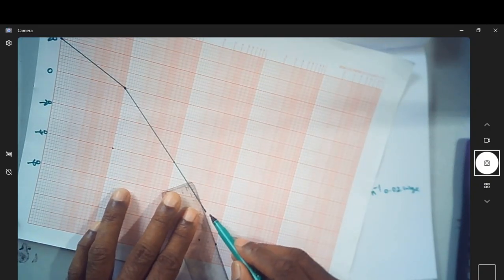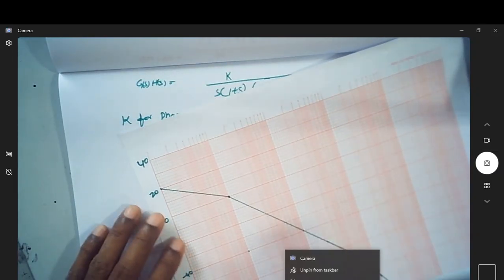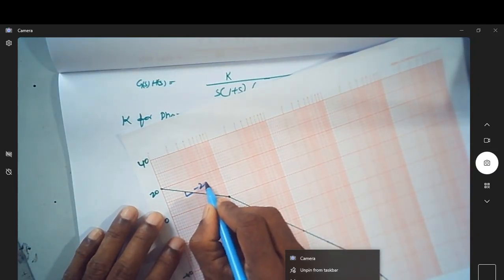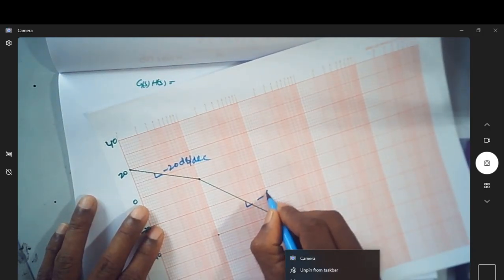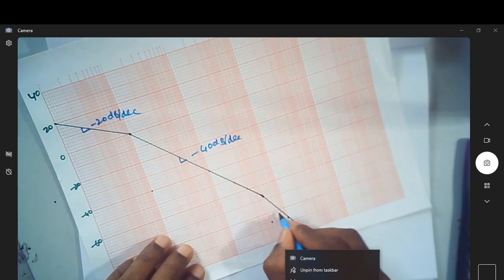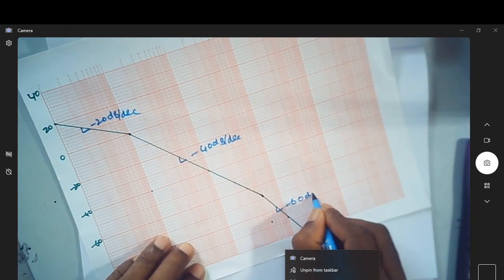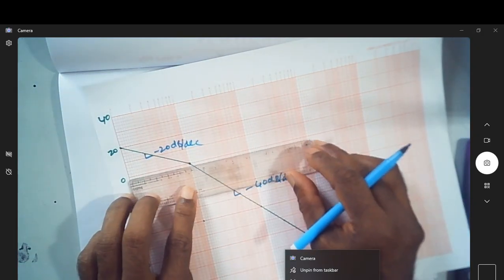So I am done with the 3 slopes. Now it is minus 20 dB per decade here, this is minus 40 dB per decade, and this is minus 60 dB per decade.